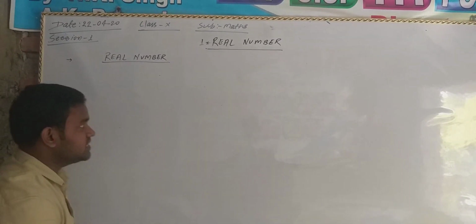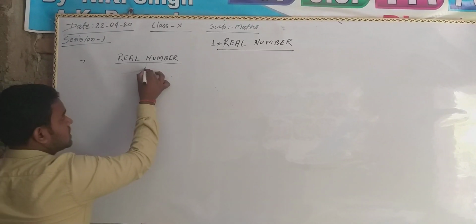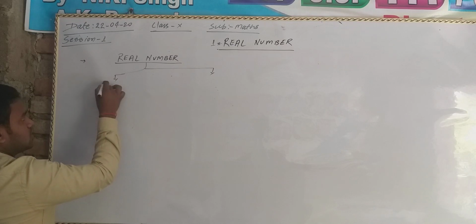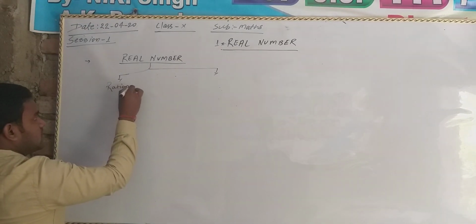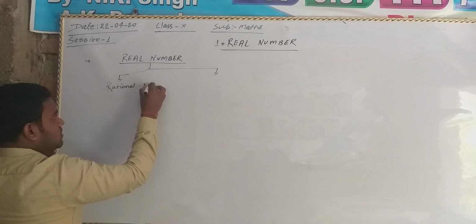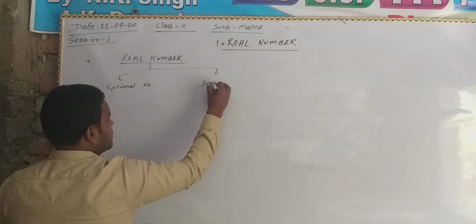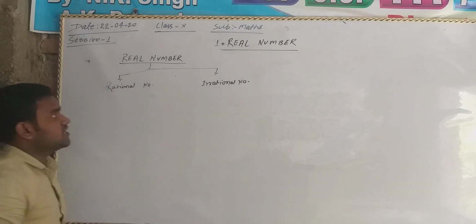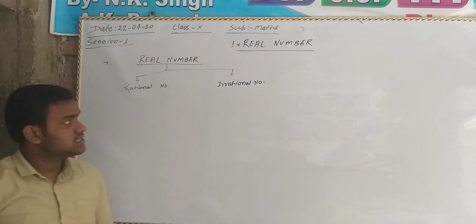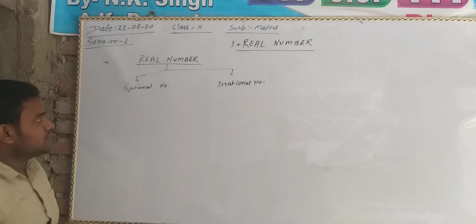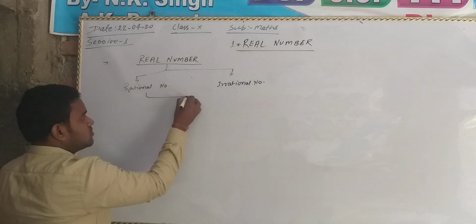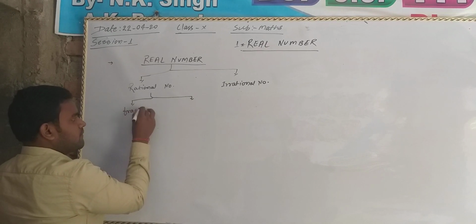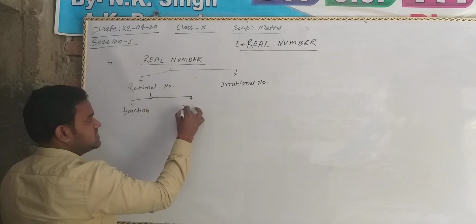Actually, a real number is a collection of all rational numbers and irrational numbers. A rational number is a collection of fractions and integers.